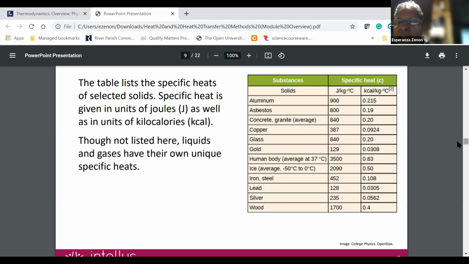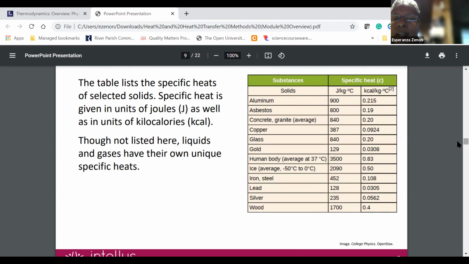What is the significance of some materials having small values and some materials having high values? The smaller the value, the easier the material is to heat up or cool down. The larger the value of the specific heat, the more heat intensive the material is, meaning that it takes a lot more energy to heat it up.